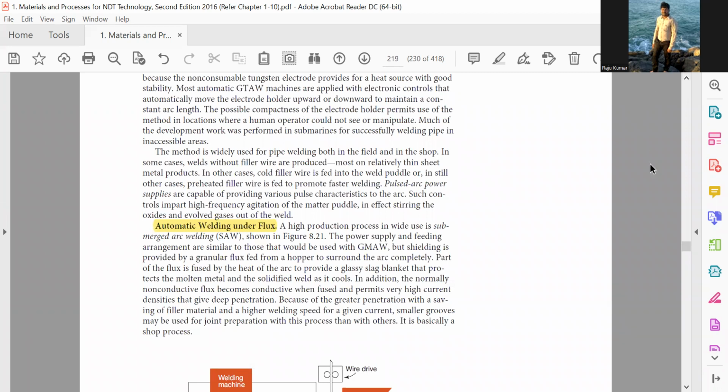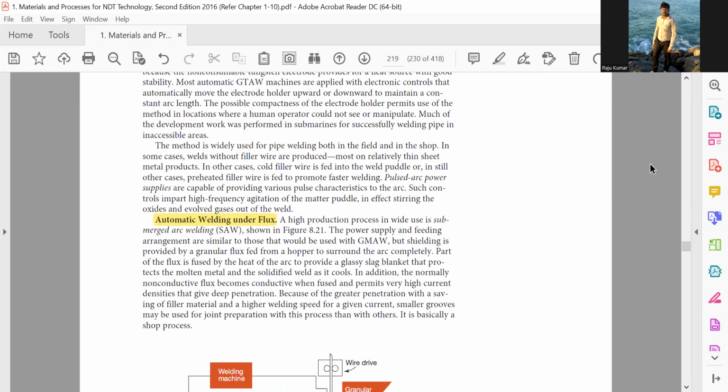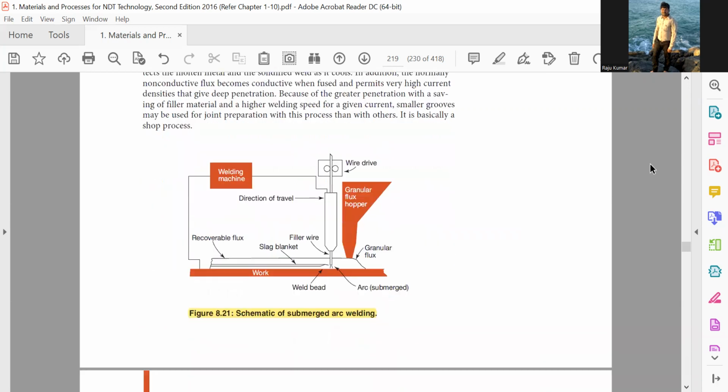Automatic welding under flux. A high production process in wide use is submerged arc welding, SAW. There is the work and the granular flux on top. So flux keeps being added, and the wire drive is directly beneath the flux.